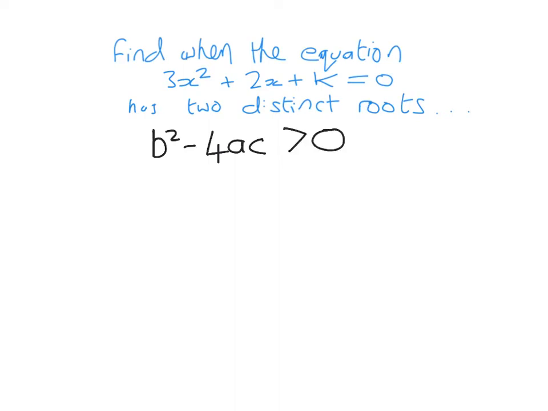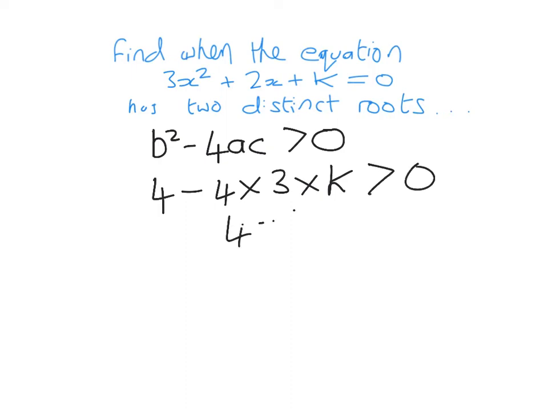I've got to have a positive number I can square root to get two different values. Let's put the values in. b is 2, so b squared is 4, minus 4 times 3 times k. 4ac is greater than 0. 4 minus 12k is greater than 0.